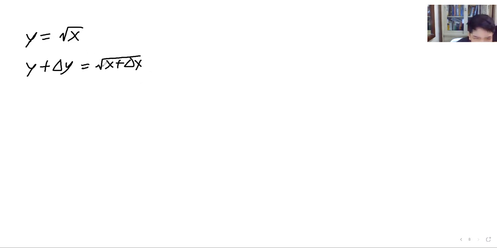So now we can simplify this again. We will transpose this y into here. And again, we can substitute this square root of x into the y.